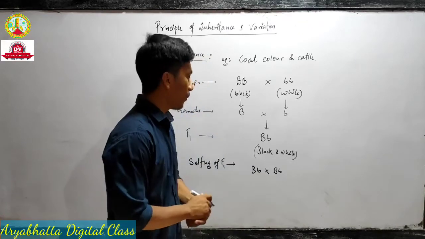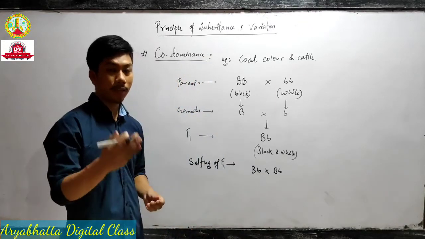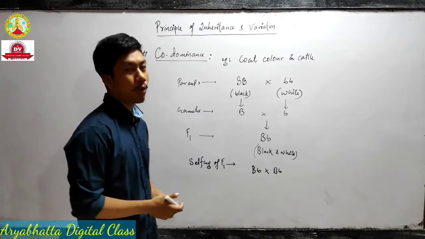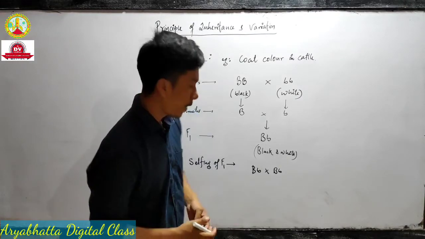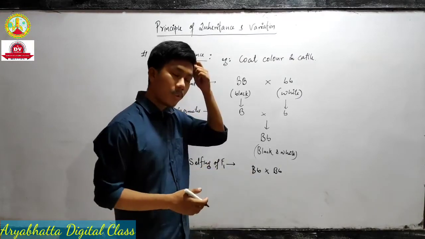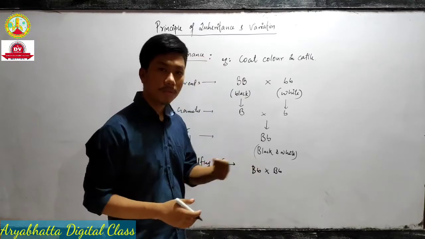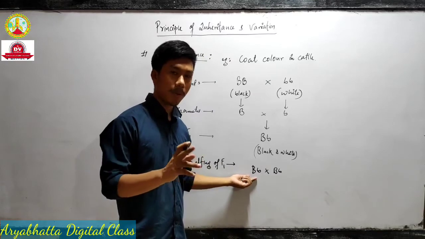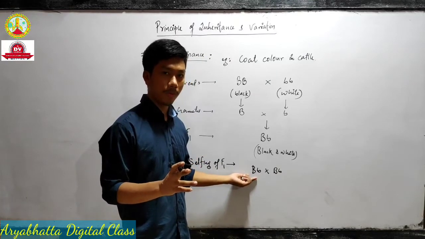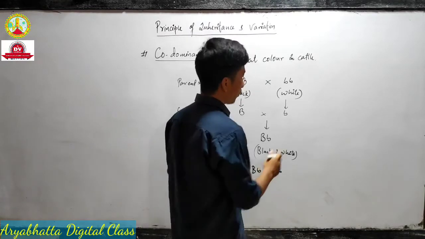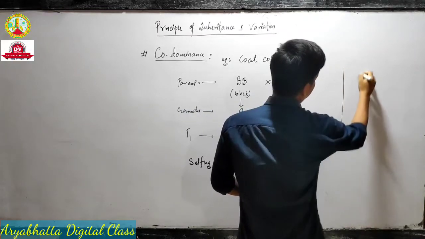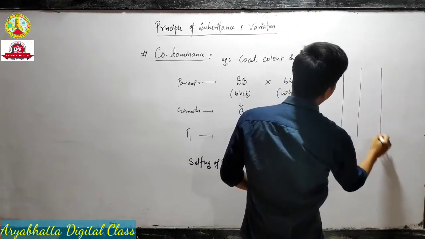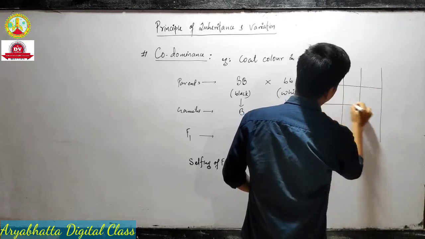Okay, so to find out the ratio in F2, that means the next generation, we have to make a Punnett square, right? To make a Punnett square, how many boxes do we have to draw? Just count the allele number, that is 2, multiply with the same number, 2 into 2, 4. So we have to draw 4 boxes.